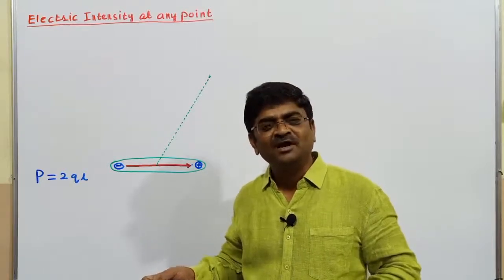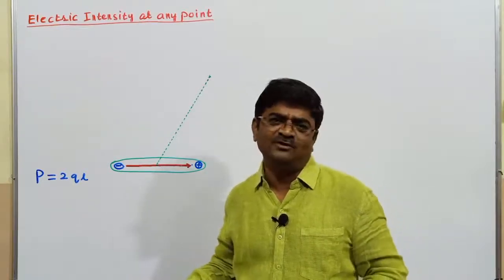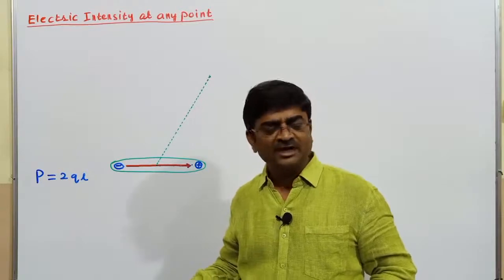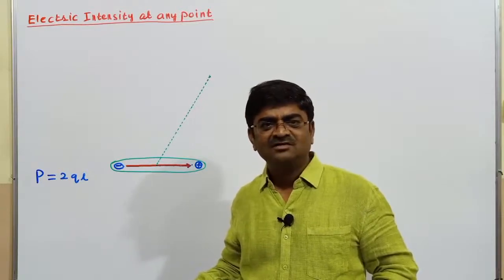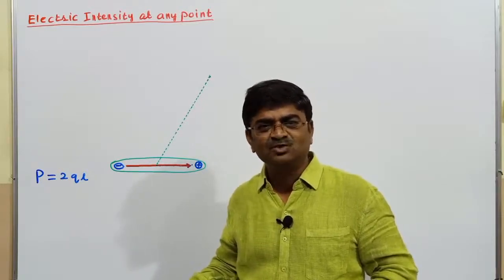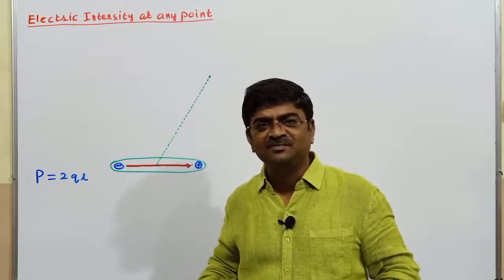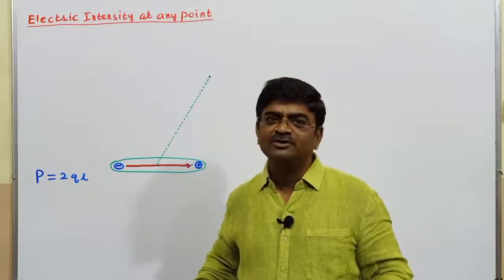If I have a point anywhere in the field of a dipole, then I should have an expression which will help me work out electric intensity at any such point, and that's what I am going to do now.